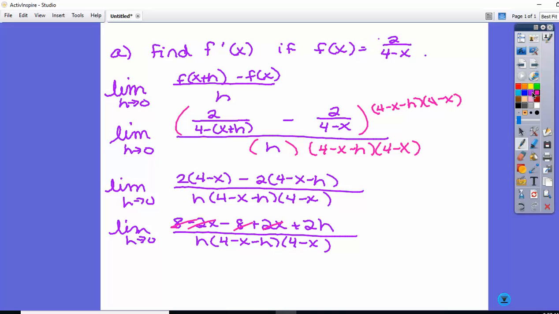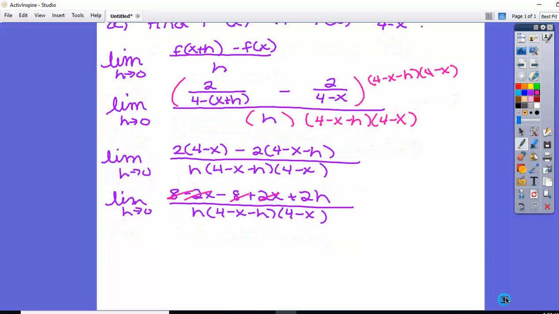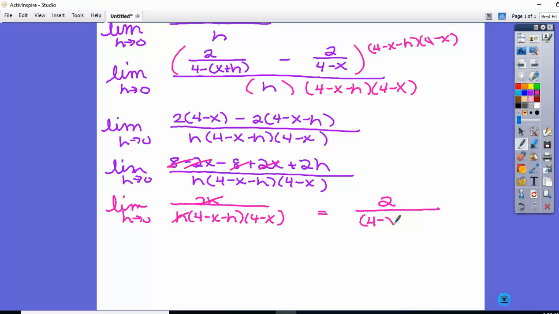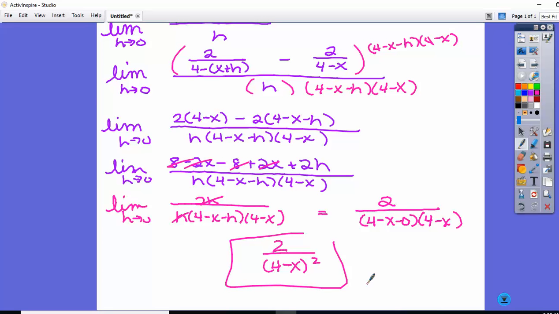I have the limit as h approaches 0 of 2h over h times 4 minus x minus h and 4 minus x. So now you can cancel that h, which was our whole goal. So if you plug in 0 for your remaining h, you have 2 over 4 minus x minus 0 and 4 minus x, or 2 over 4 minus x squared. And that's our derivative. Would you want us to roll that out? No.